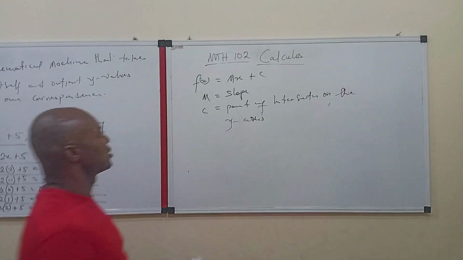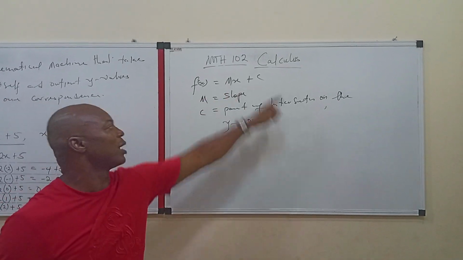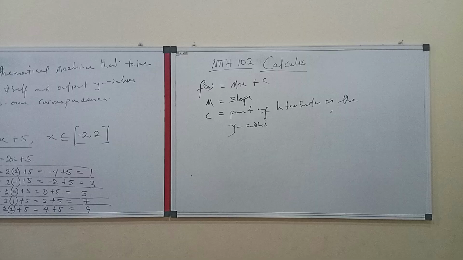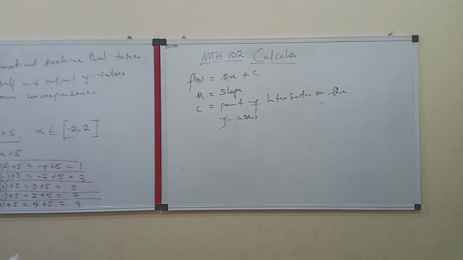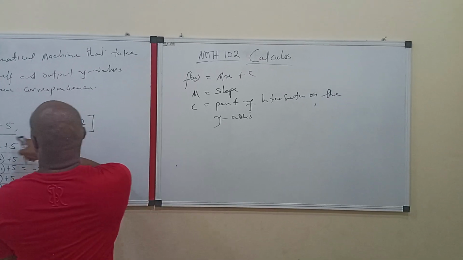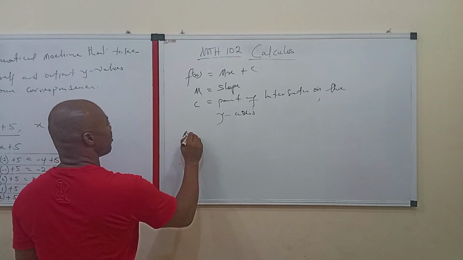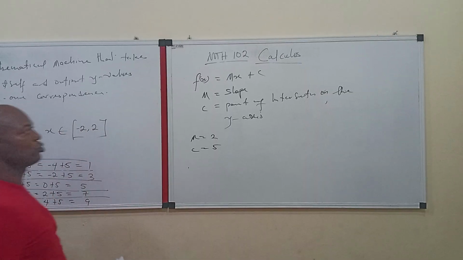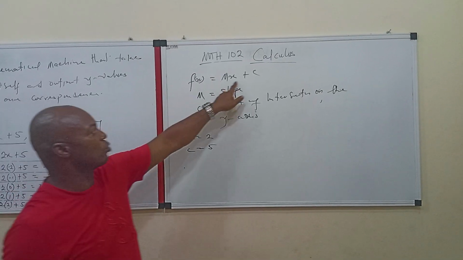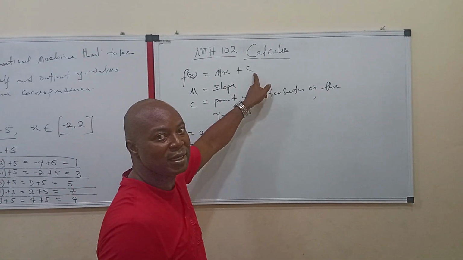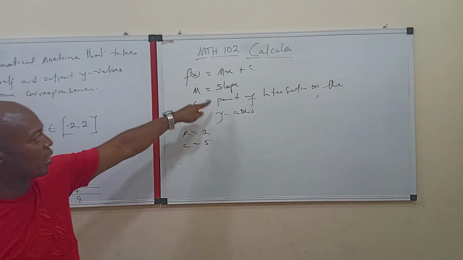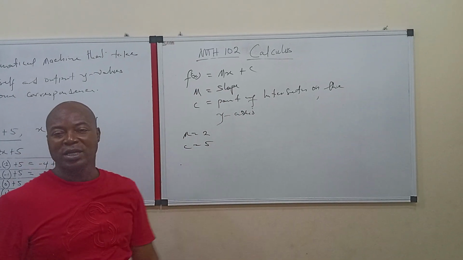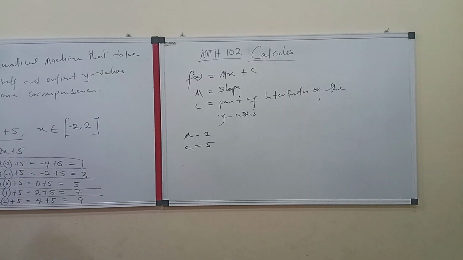Based on what we have here, our m is equal to 2, whereas our c is equal to 5. So this is the general equation of a line. If you plot a graph, what you are going to have is just a line graph.